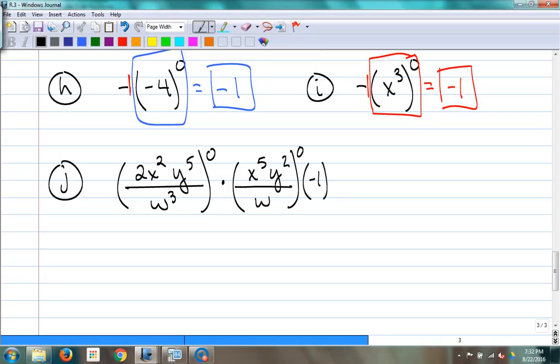So a lot going on there, but what do you know about this part? It's 1. A lot of stuff in there. Doesn't matter what it is, though, because it's got a 0 power. It turns into a 1.